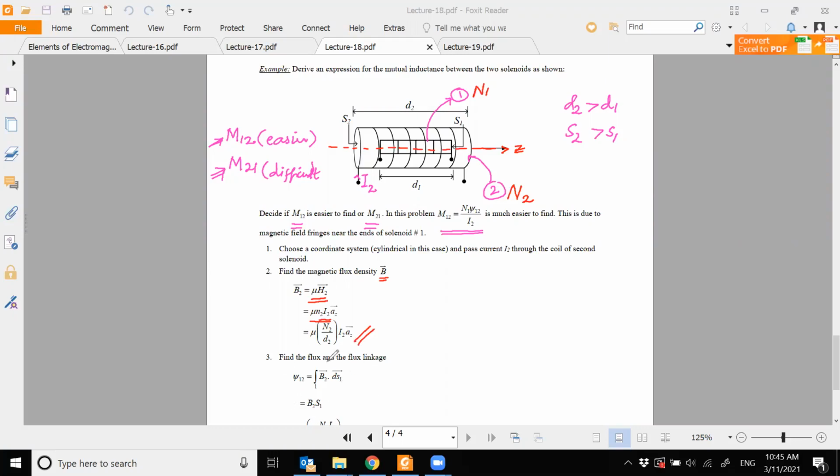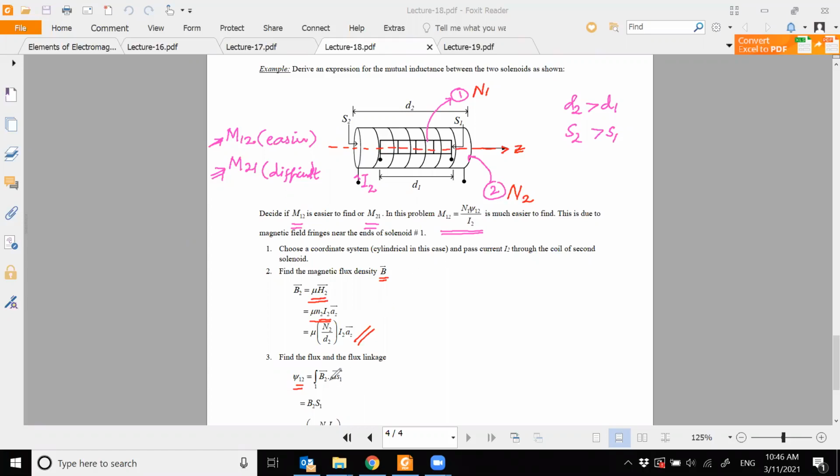Then you find the flux. But which flux do you find? Psi12. That is the flux through loop 1 due to loop 2. So it is the integral of B2 dot ds over the surface enclosed by loop 1, which is why I'm writing 1 here.